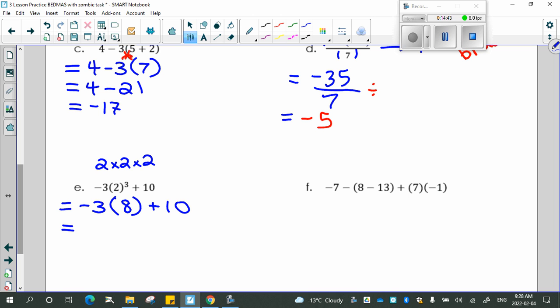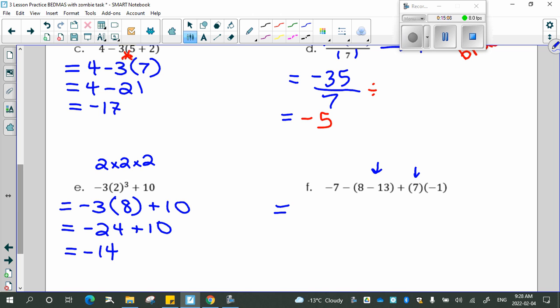And then, is there division or multiplication? Yes, there's multiplication because there's a number right beside a bracket. So -3 times 8 is -24 plus 10 is -14. You owe 24, you give back 10, you still owe 14. And F. Is there brackets? Yes.